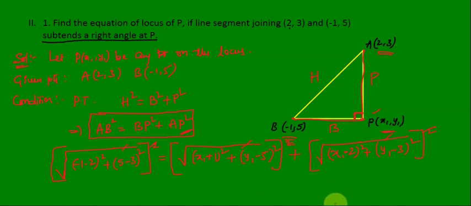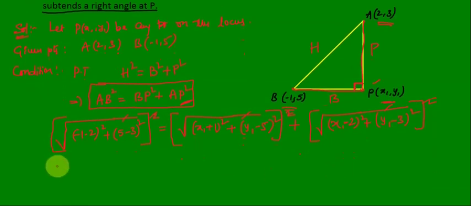So what I am left with, if I simplify this, see left hand side, (-3) whole square plus (5 minus 3) is 2 square, that will be equal to, here this is in the form of (a plus b) whole square. So a square plus 2ab plus b square, 1 square is 1 only, then plus here (a minus b) whole square, then we'll expand this: x1 square minus 2ab, that is 2 times 5, 10y1, plus b square is 25, right?